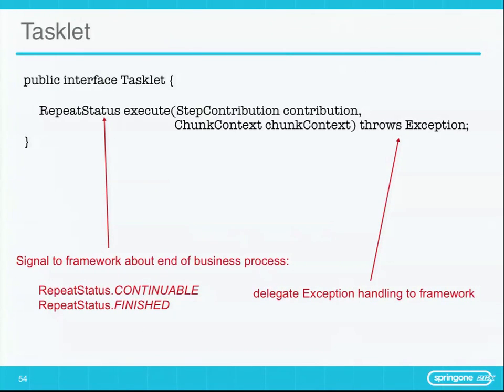And then it's up to you to specify whether that tasklet should be retried, should be continued, what exactly. If there's an exception, you throw it and it'll get bubbled up, and the framework itself will handle it. So this is the wrapper around those steps. We actually have a tasklet that lets you embed those steps in there, right? So it's a higher level approach, but it's more raw. If you want full control and you don't want to worry about steps, use this.